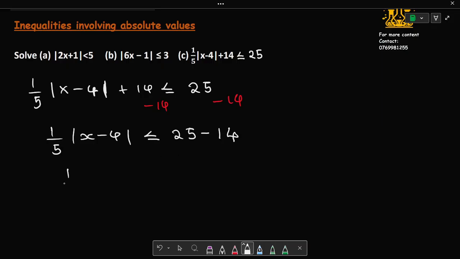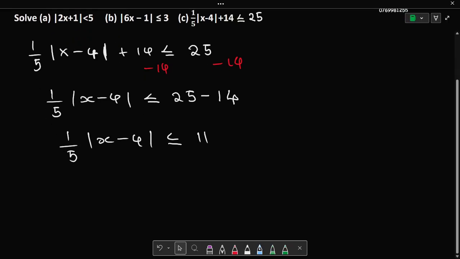Okay, so we have |1 over 5 x minus 4| is less than or equal to 11. So we need to remove this 5 as well to take it to the other side. So we're multiplying both sides by 5.